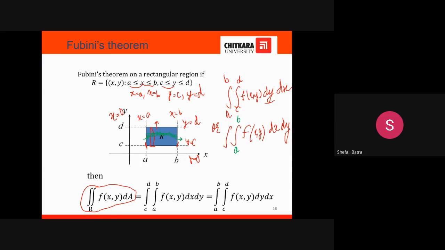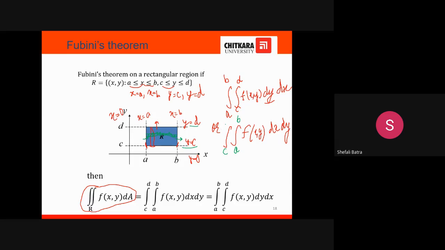And then you need to slide this strip from this to this. When you slide it, you will be covering all the region. When you are sliding, you are sliding along the y-axis, vertically. So that gives you the limit of y. And what is the limit of y? y is equal to c to d.